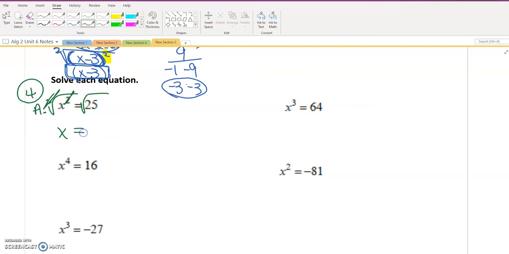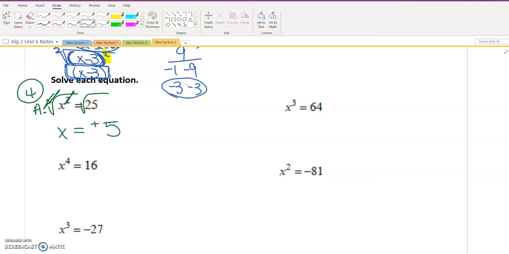Now, equals, and what is the square root of 25? I gave you the answer. My fault. Square root of 25 is 5. Now, there is one thing we have to think more about with the equations. We have to come up with every solution that could be the square root of a positive 25. So I know positive 5 times positive 5 is 25.